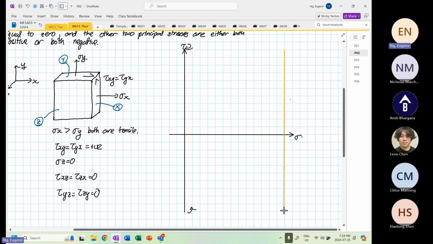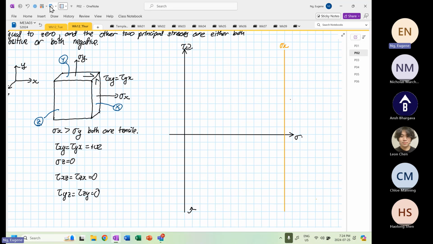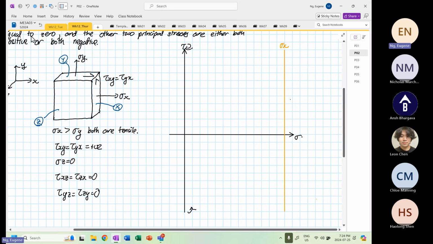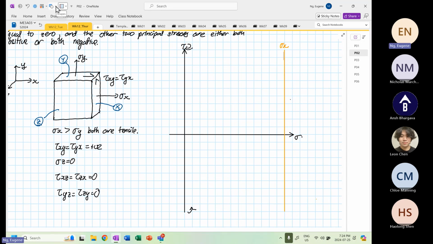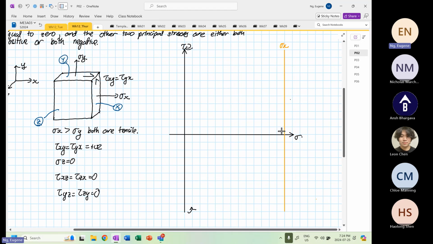Okay, we have our stress X line, and then we have the other line, which is our stress Y line. Again, this is just a sketch.